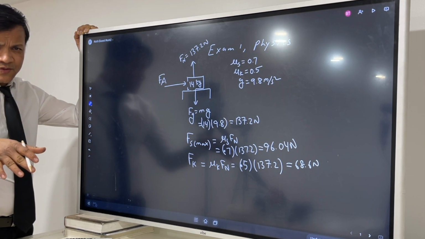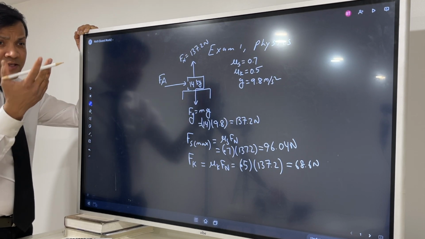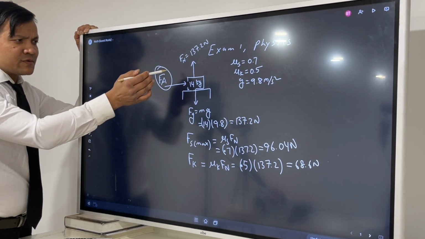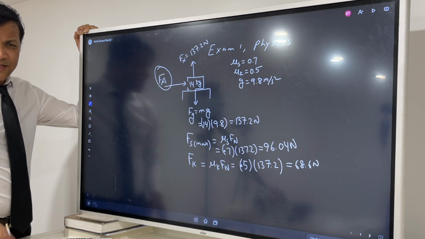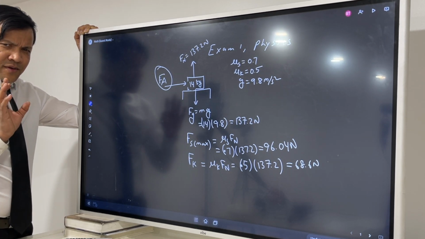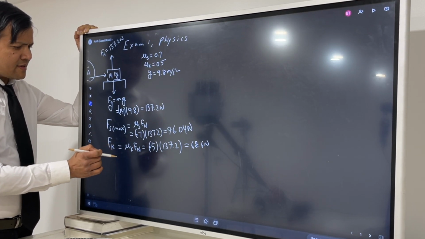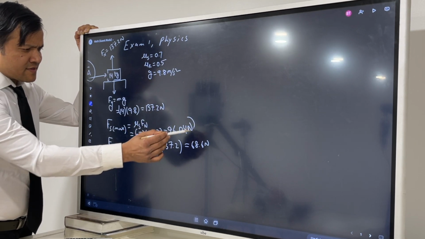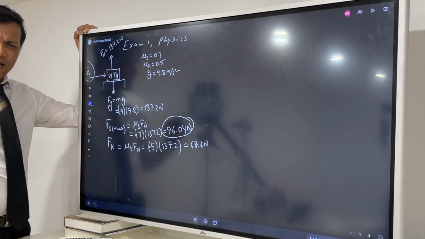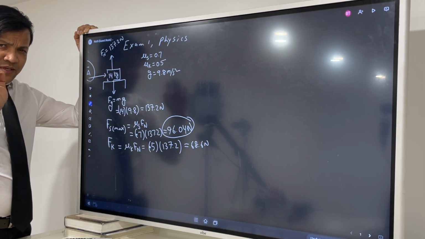Now what we're going to explore is what would be the force of friction, normal force, net force, and acceleration when you apply different forces to this box. In order to move this box, you have to apply at least 96.04. Anything less than 96.04, the box won't start moving.